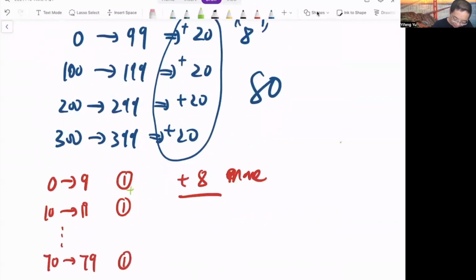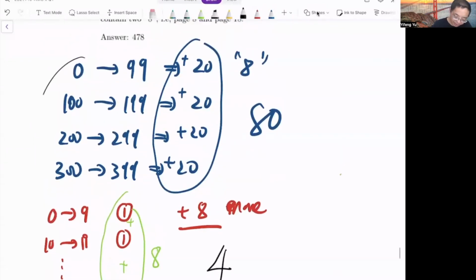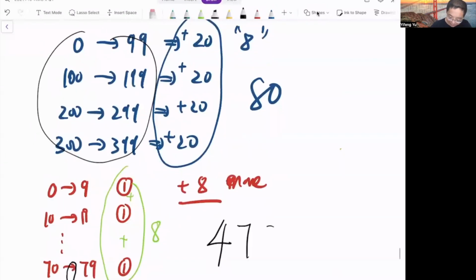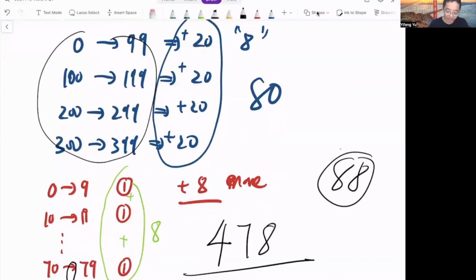That's exactly 8 of them, and the last one that appears is 78. So if we have pages 400 to 478, that's the best we can do, which means the least number of pages of the book we need in order to get 88 eights.